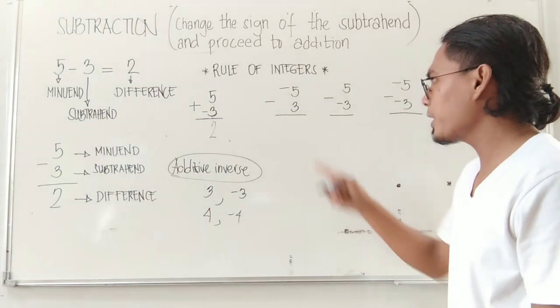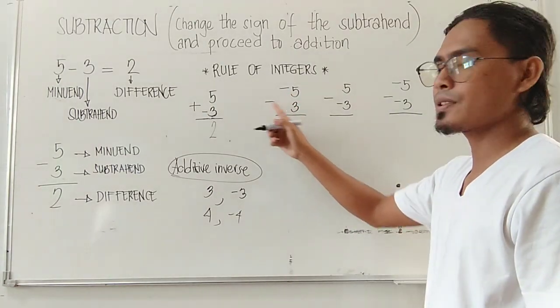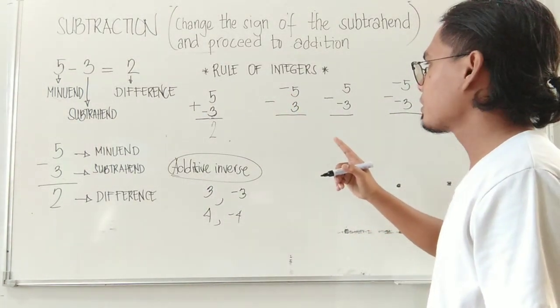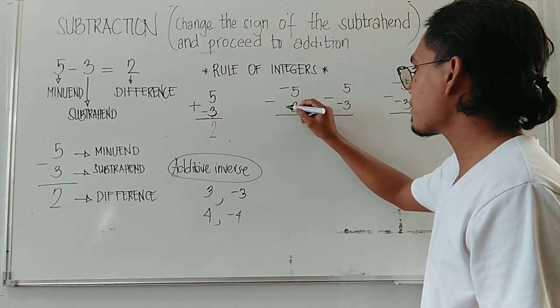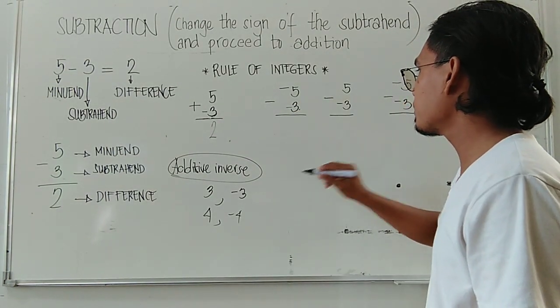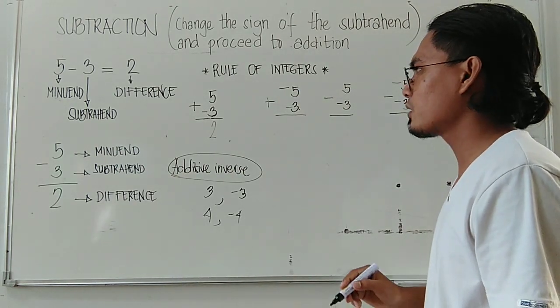Another example, we have 5 minus 3. Again, identify your subtrahend, which is positive 3. Change the sign of your subtrahend into negative and proceed to addition.